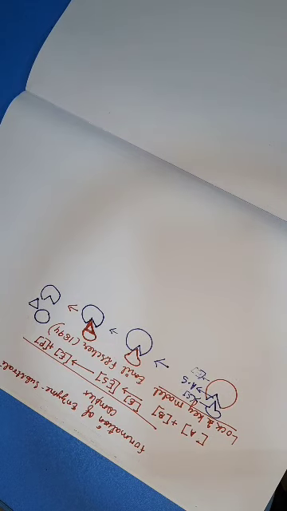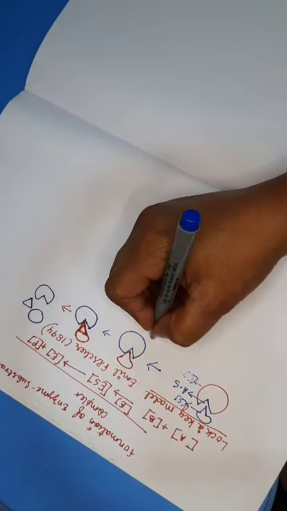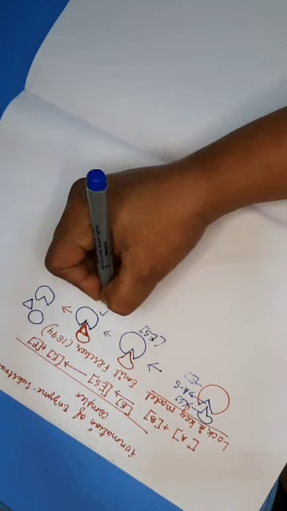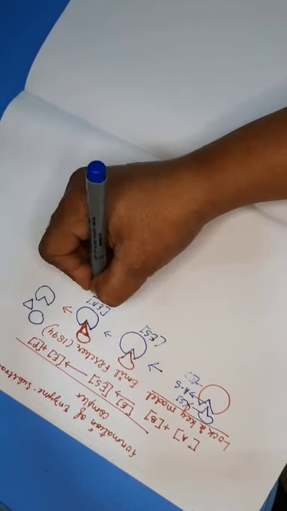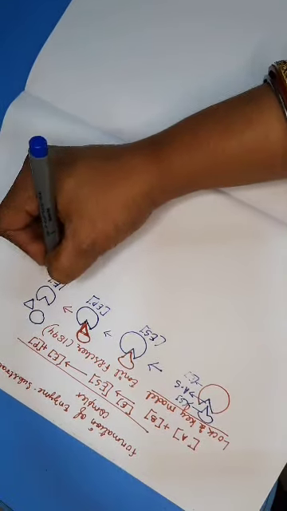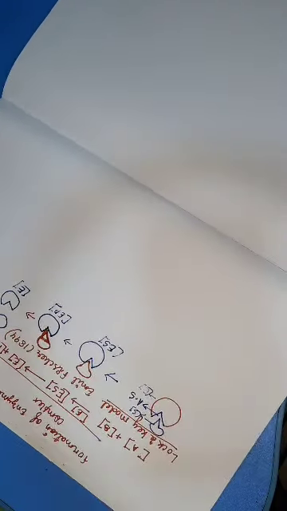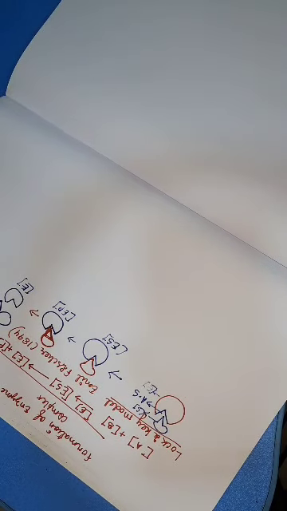So in the first case, I can write that this one is the transient enzyme substrate complex. This one is the transient enzyme product complex. This is the free enzyme, and these are the products. So this is what the lock and key model explains.